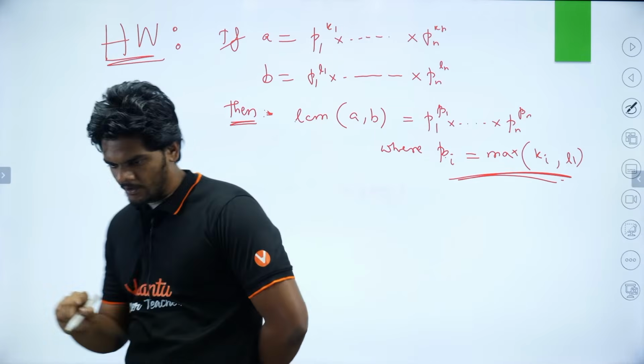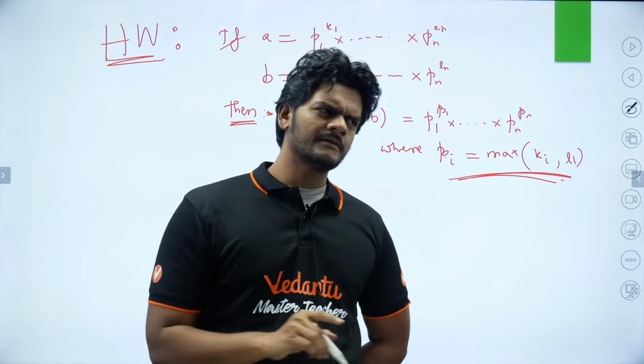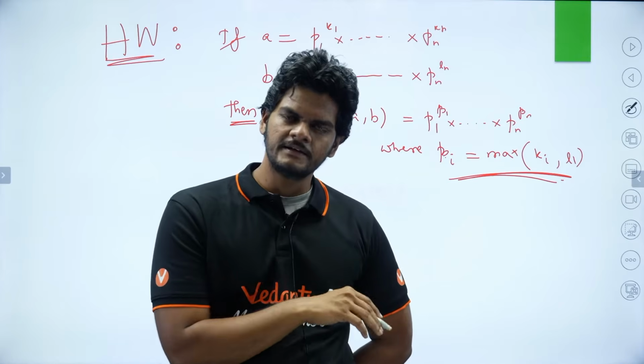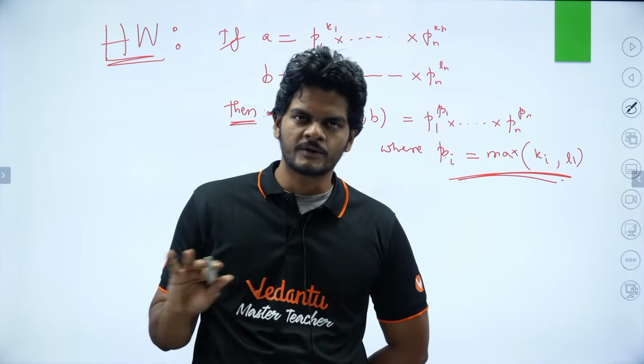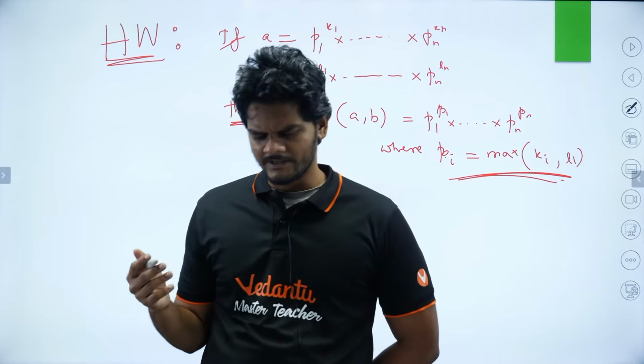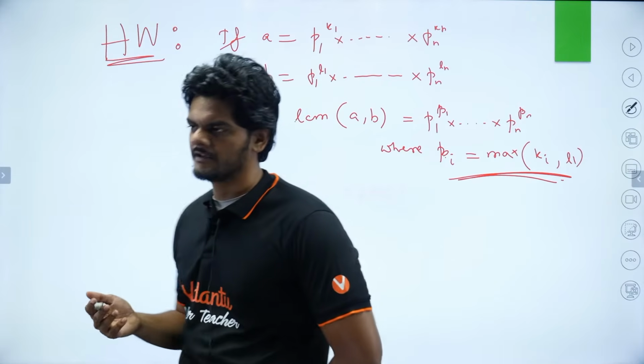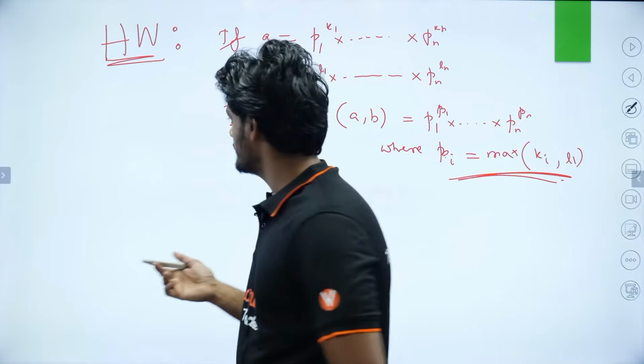Prove this on yourself. So, we did the very similar thing for GCD. I want you to do it for LCM, and it is not difficult at all. So, take it as homework, do it as an exercise.